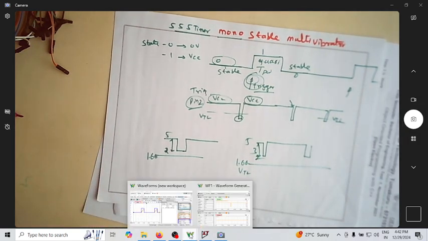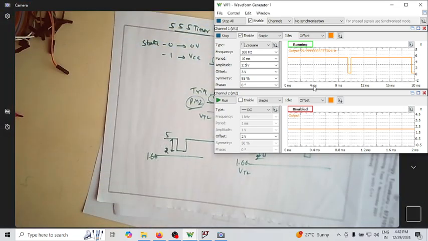Let me go here. Now I have to have an offset of 3 and let this be an amplitude of 2. Okay, where are you now?